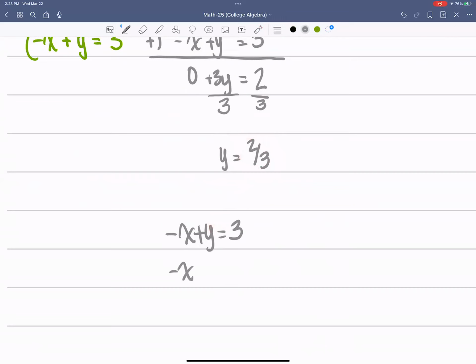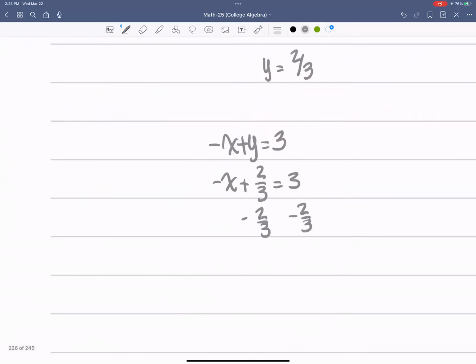So -x plus 2/3 is equal to 3. And now we just have to solve for x. So we subtract 2/3 from both sides. -x is equal to, let's rationalize this, 3/1, multiply both top and bottom by 3 to get a 3 in the denominator.